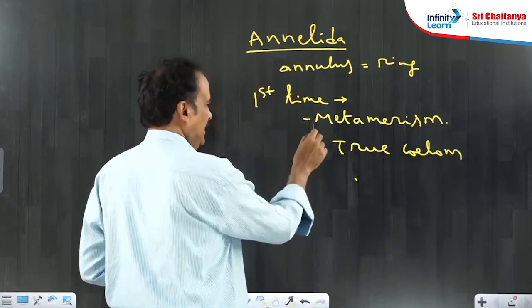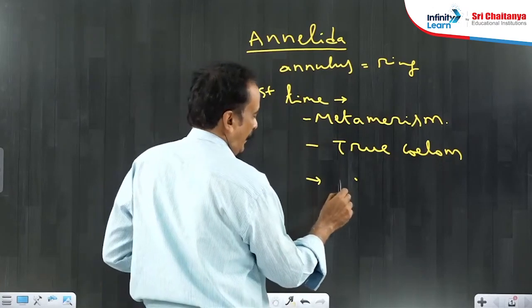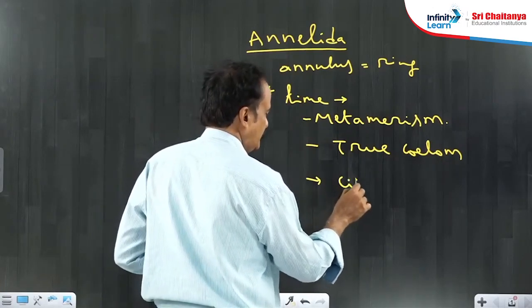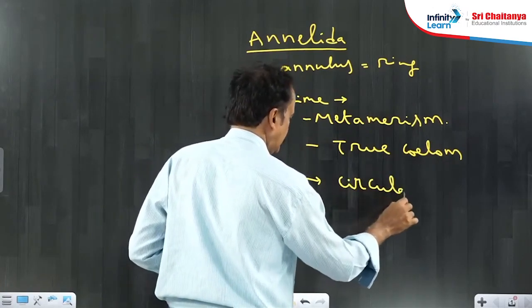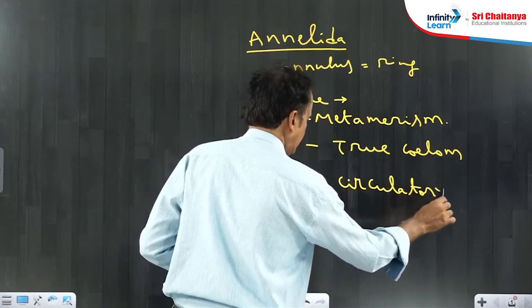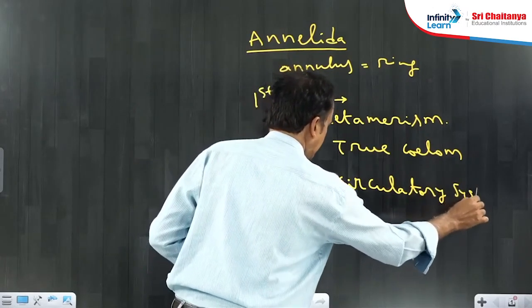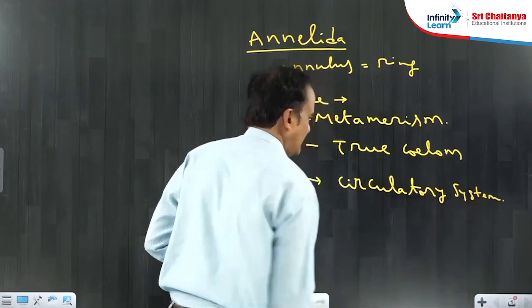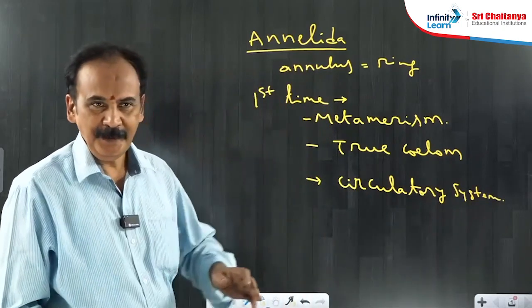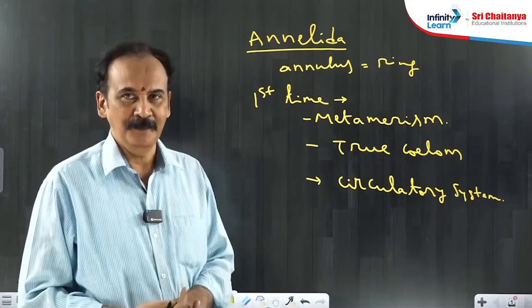This is the first phylum to develop a circulatory system. Right? These are the three things that have appeared for the first time in this phylum.